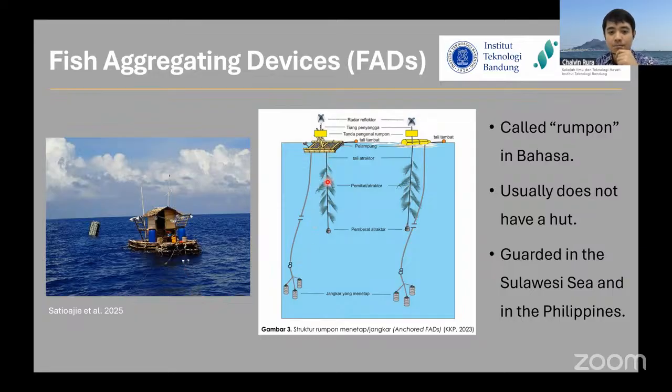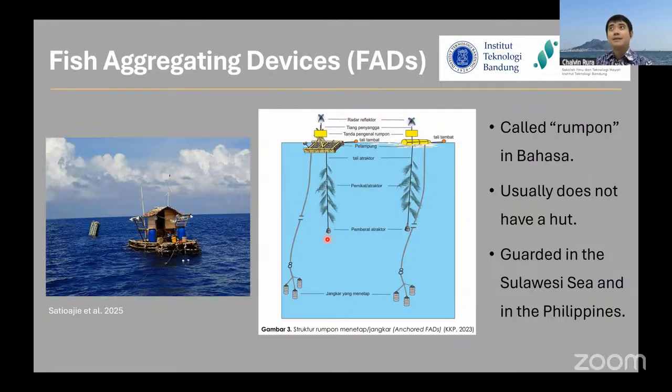So what does it do? They will attach a palm tree leaf to the fish aggregating devices, FAD, and somehow this palm leaf will attract, especially tuna. So the FAD attracts tuna. Our colleague, Dr. Khan, and me, we have a colleague who is actively working on this topic.